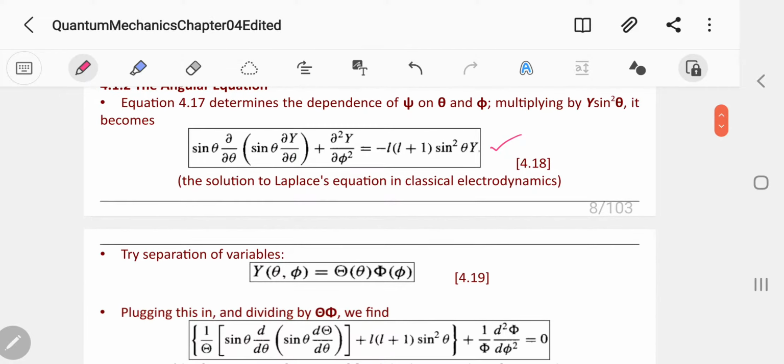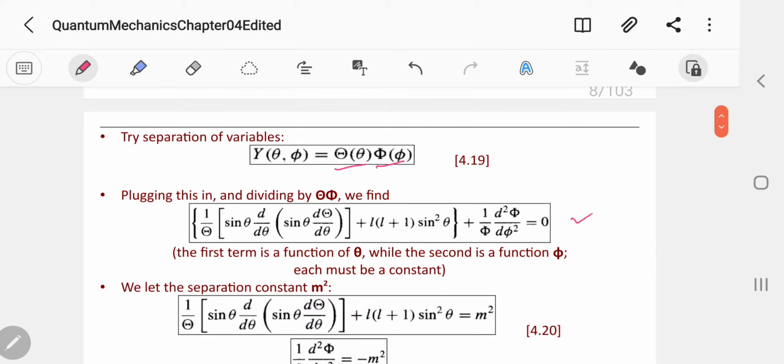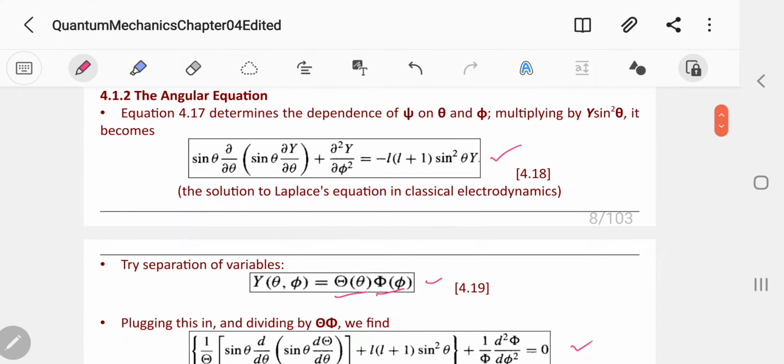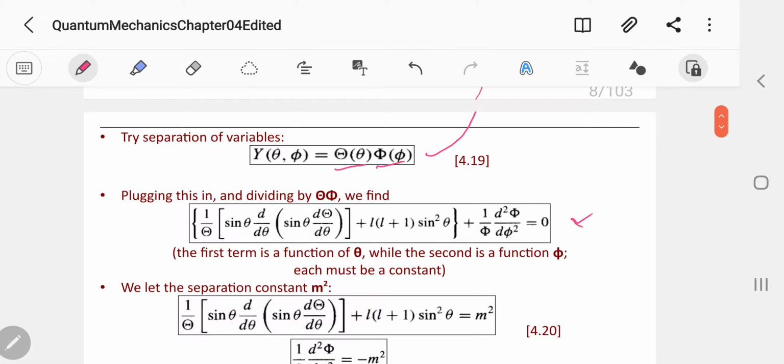And you can further separate the angular part into a theta part and a phi part, so that you have a product of a function of theta and a function of phi, and you plug this in here, so that you will arrive at this expression, and by dividing by theta and phi.